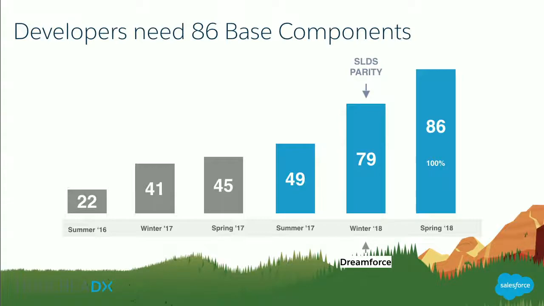So we plan to reach 79 Lightning-based components available for our developers, which will put us in parity with all the CSS classes that the Salesforce Lightning Design System has examples of how to apply styles to. And for spring, we plan to reach this 86 number, which is our goal.